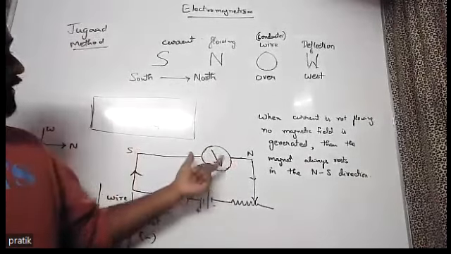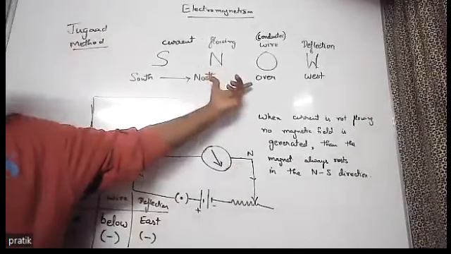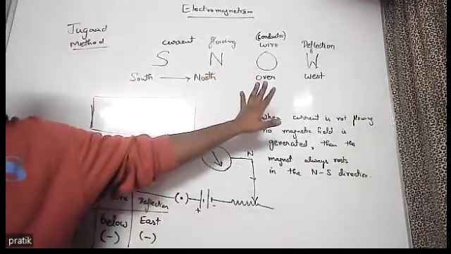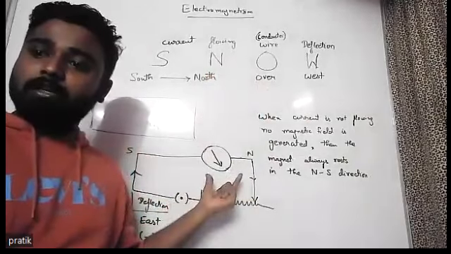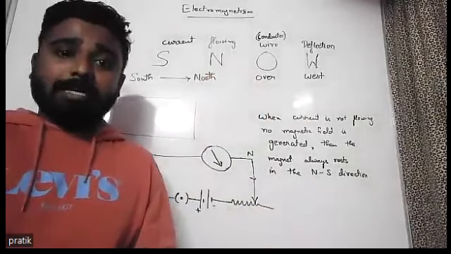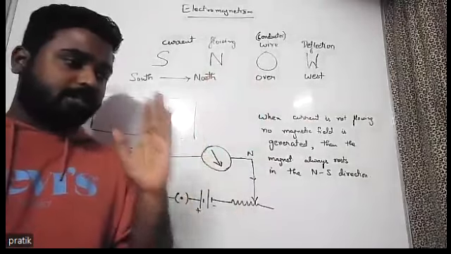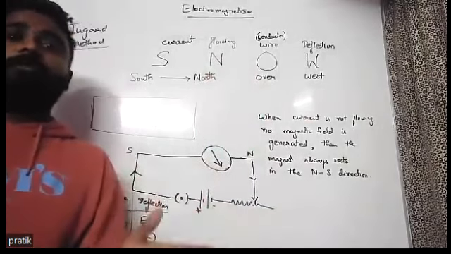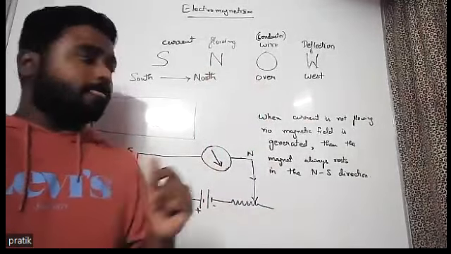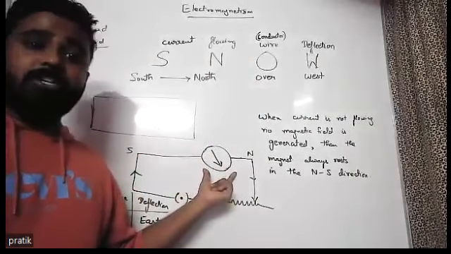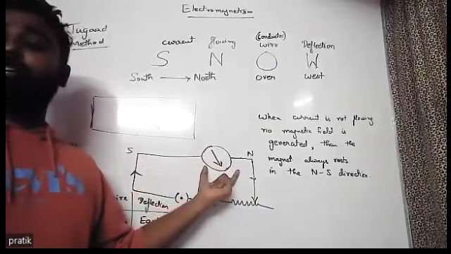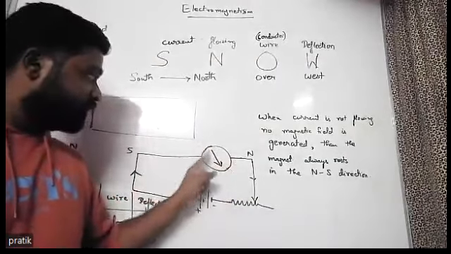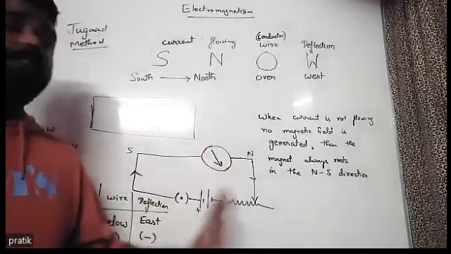But why is it deflecting towards east? We have the jugaad method to find out the direction. That direction is very important. But why is it deflecting? The conclusion of the experiment, that is Oersted's experiment, stated that whenever current is flowing through the conductor, it will produce a magnetic field. The deflection gives me confirmation that yes, current is flowing and a magnetic field is generated, as a result of which this magnetic needle is getting deflected.